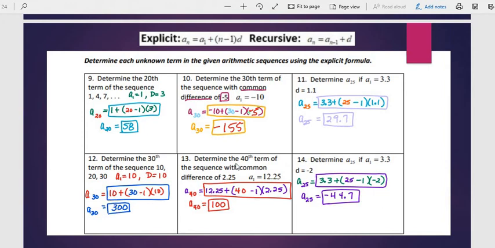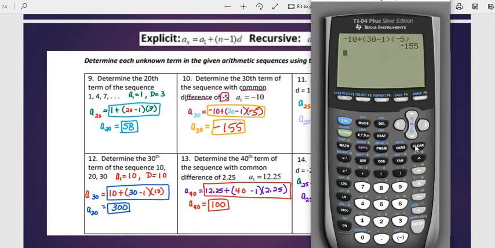Now, same thing right here. You're looking for the 40th term. You don't want to have to sit here and use the explicit formula like this. We know the first term of this is 12.25 and hit enter. And I'm going to add the common difference of 2.25 to it.